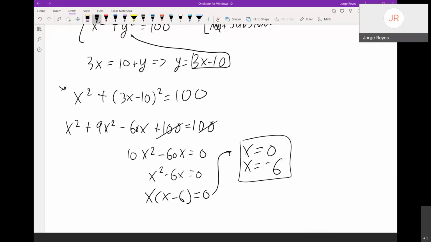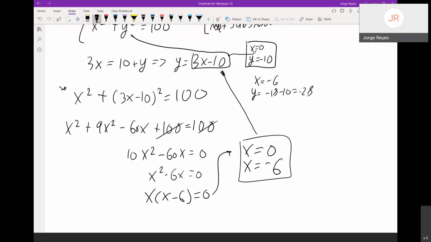Okay, and now what you do is you plug both of those into the y. Okay, but you got to be careful because they're pairs, right? Like when I plug in x equals 0 into y, what happens? y equals negative 10. That's one pair. Okay, so then when I plug in x equals 6, y equals 18 minus 10, which is 8.